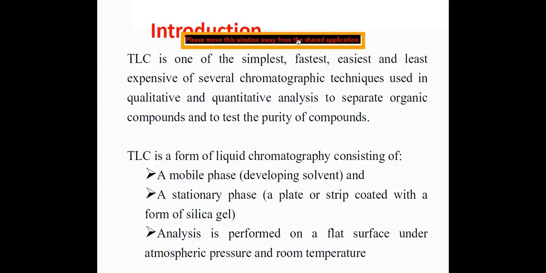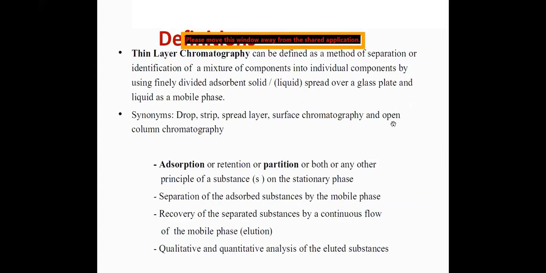So this is a very simple technique which needs a stationary phase, a mobile phase, and samples, and then according to the adsorptivity of the substance, they are retained over the stationary phase. And again, the procedure is the same: after the complete development of the chromatogram, find out the spots.